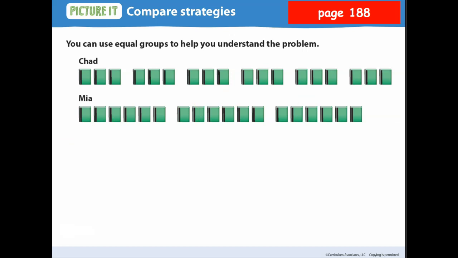See, I would count all the books, right? It looks like Mia read a lot more because she read a lot more each week. But how many books did each of them read total? Well, I got 1, 2, 3, 4, 5, 6, 7, 8, 9, 10, 11, 12, 13, 14, 15, 16, 17, 18, which is 3 groups with 6 each, which is 18.